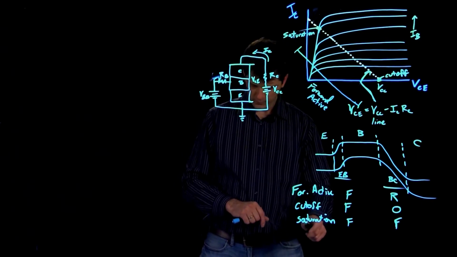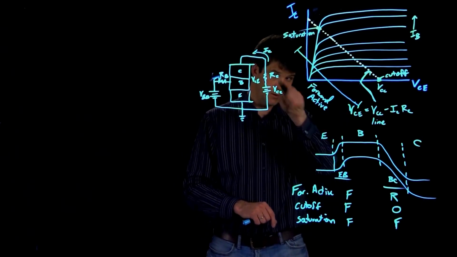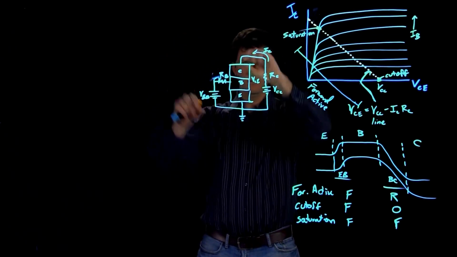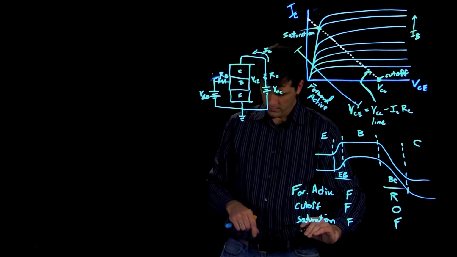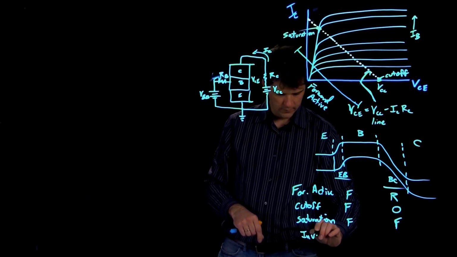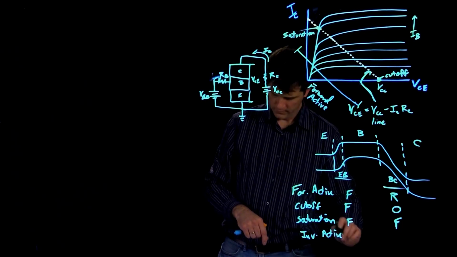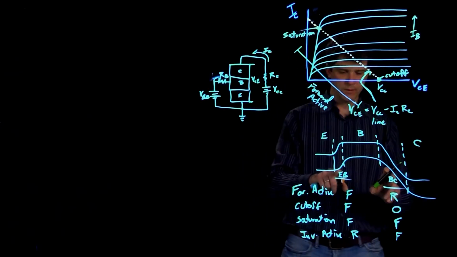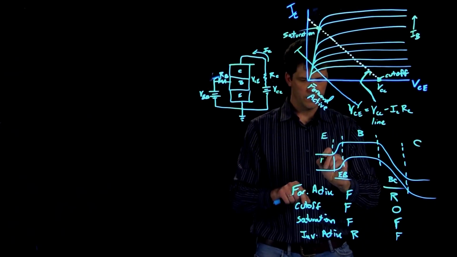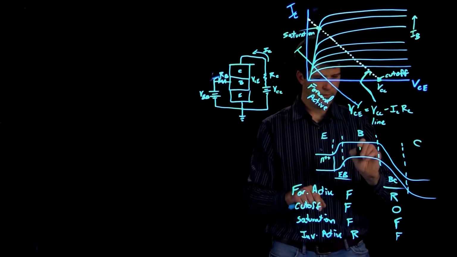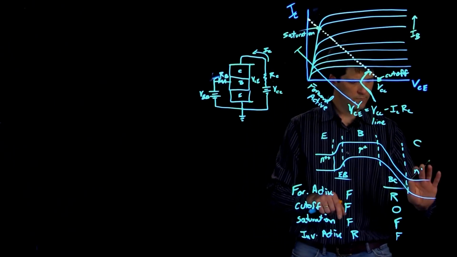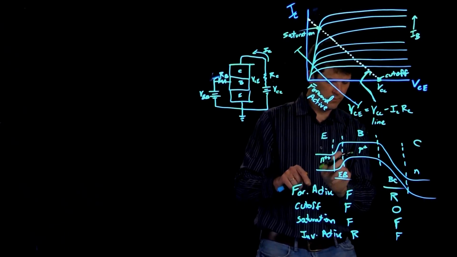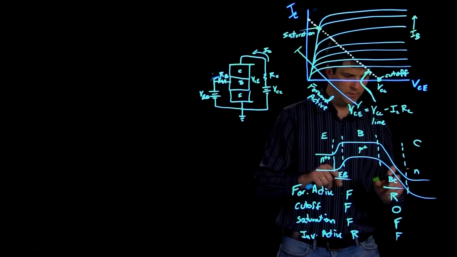And then the last configuration, which we can't really reach in this circuit configuration, we would have to actually flip the transistor physically over. So that would be our inverse active, and in that case, keeping the same definition of this being the heavily doped N++ side, then we would have this junction in reverse and this junction here in forward.